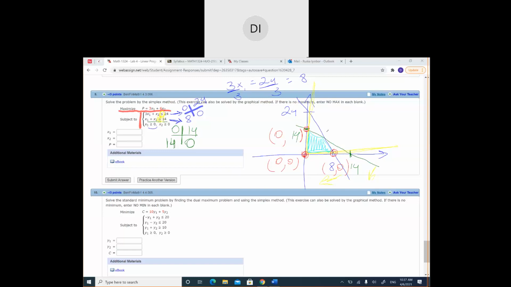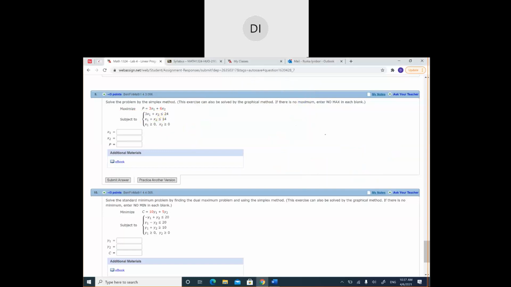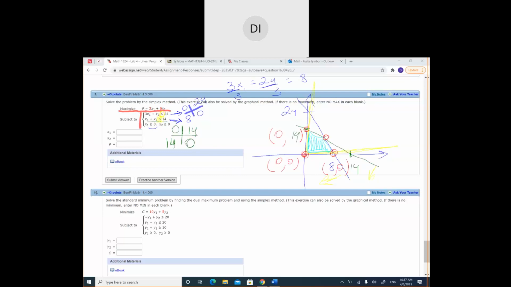And then we have one more point here. It's also a corner point. Now, how are you going to find this point? This point is the intersection between the two equations. So finding this point, technically we need to solve the system of equations.